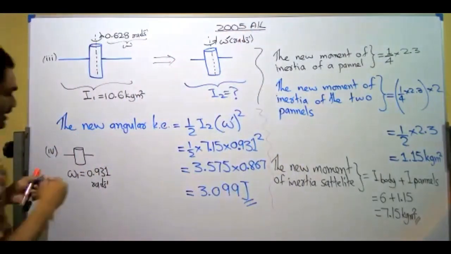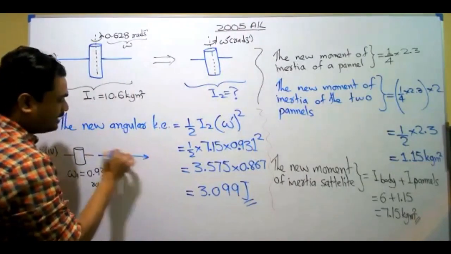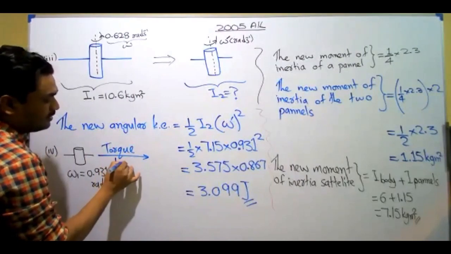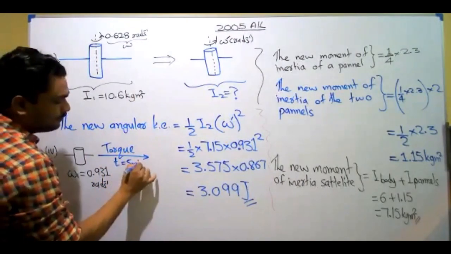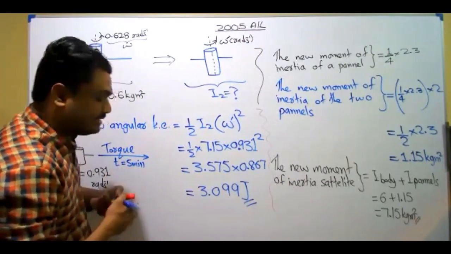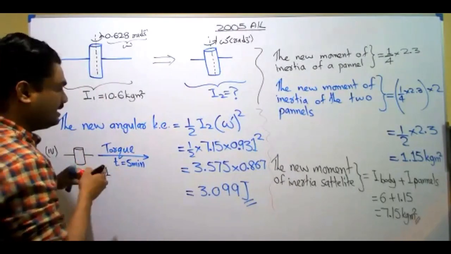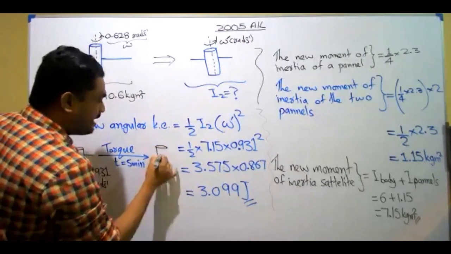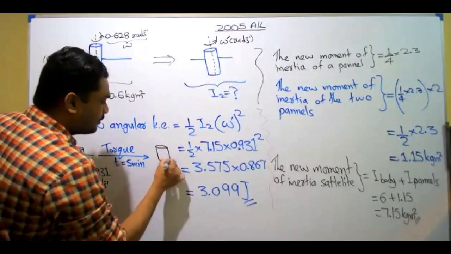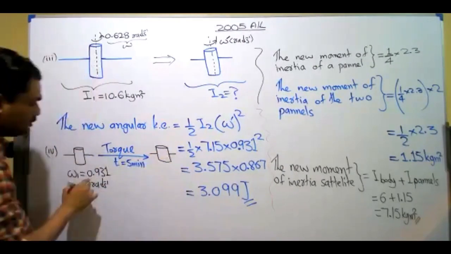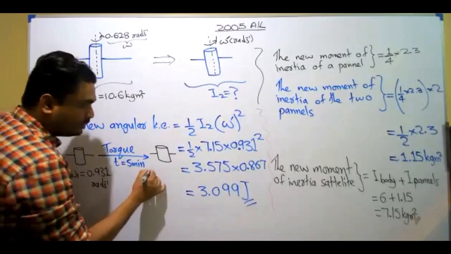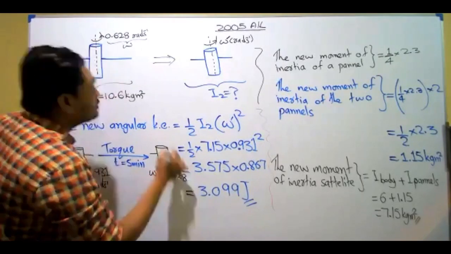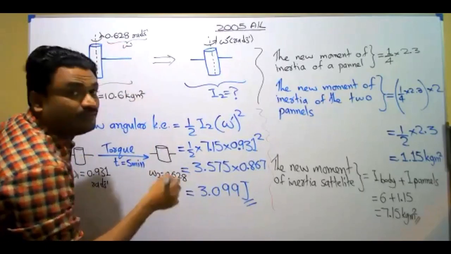And we apply a braking torque for a period of 5 minutes. Then angular velocity reduces from 0.931 to, let me mark this as omega 2, 0.628. 0.628 is the original value at the beginning.